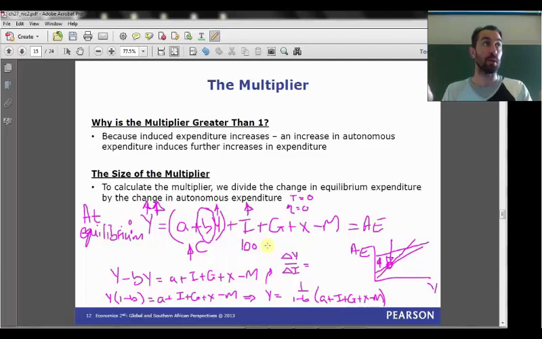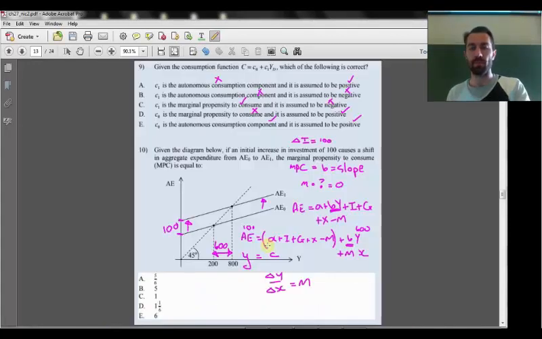Are you with me? In our previous example, if we increased aggregate expenditure by 100 and it increased output by 600, then our multiplier is 6.